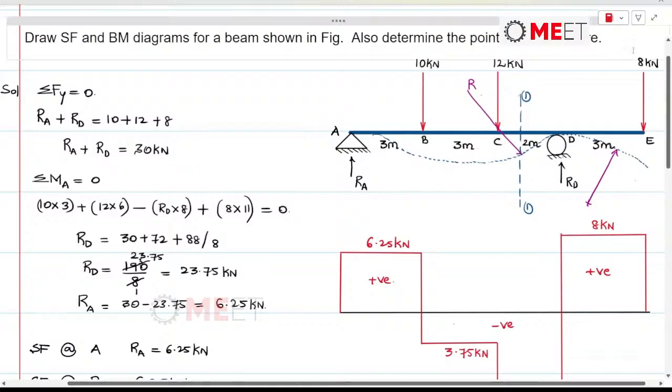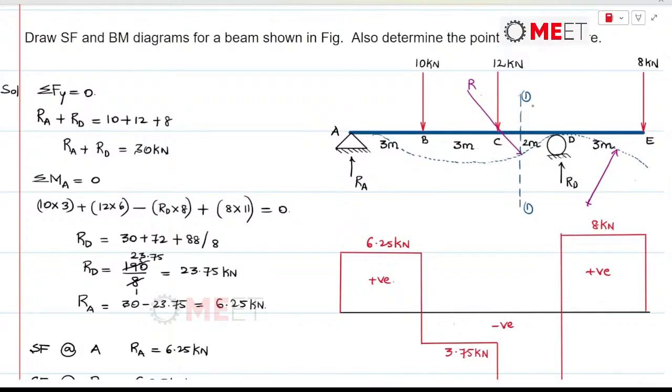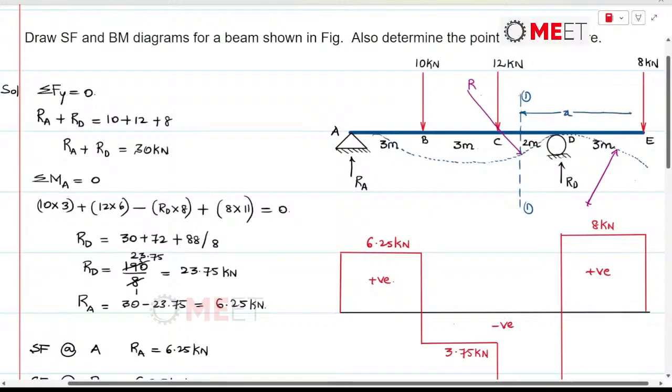But if you consider the right hand side, it's 8 kilonewton and RD only. So this is quite easier to solve as we have fewer terms to deal with. The answer will be the same whichever side you consider.